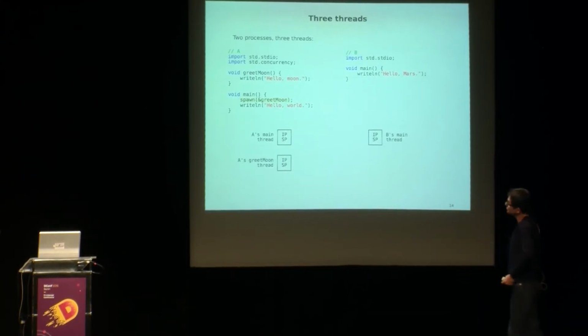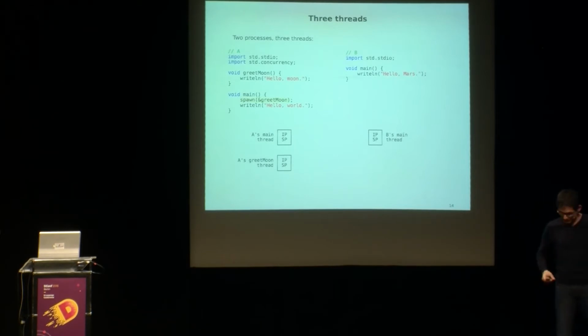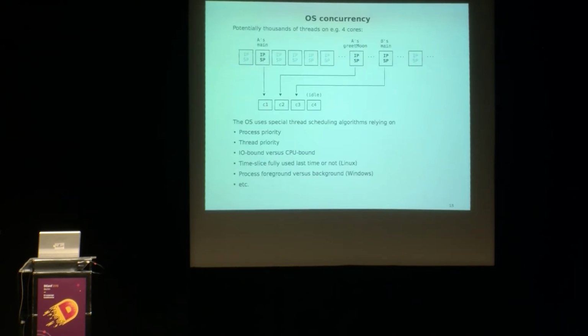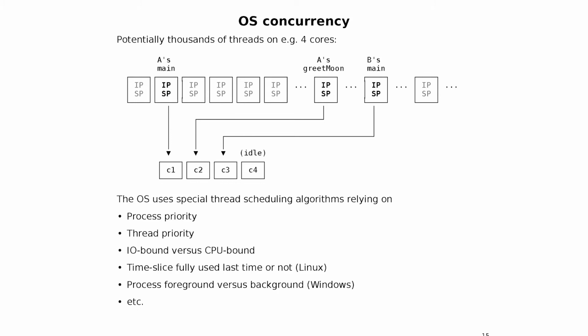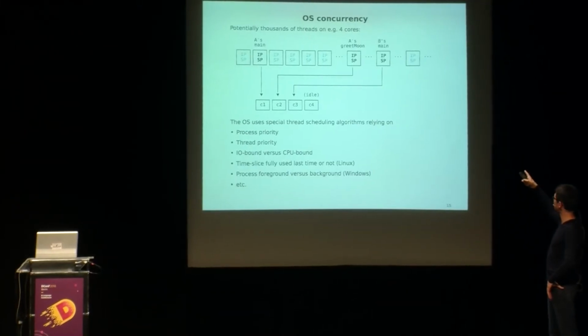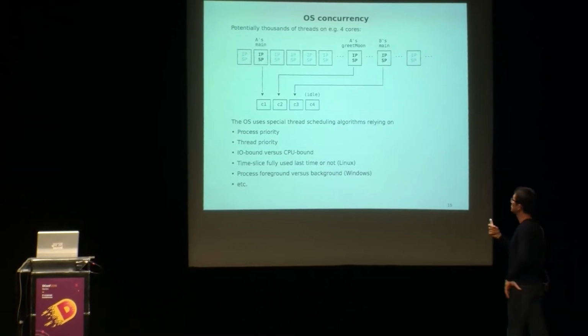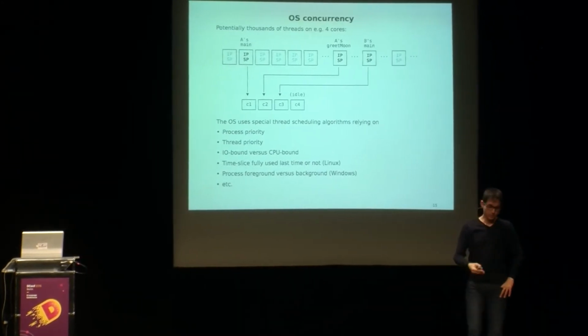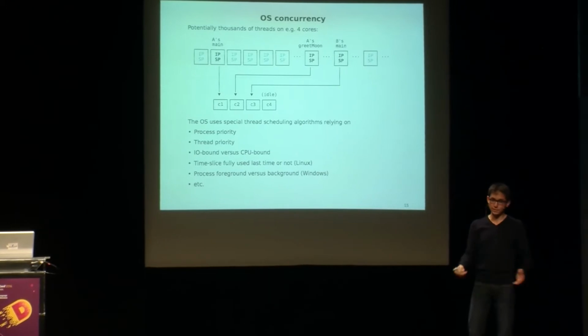Now, these 2 programs have just 3 threads, which are usually among hundreds or thousands of threads that the operating system is executing at a given time. There are so many of them, and maybe A's main, A's greet moon, and B's main are just 3 of them. But the entire execution happens on the cores that you have.